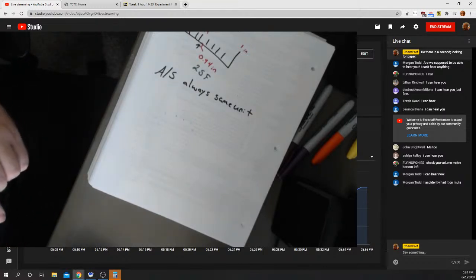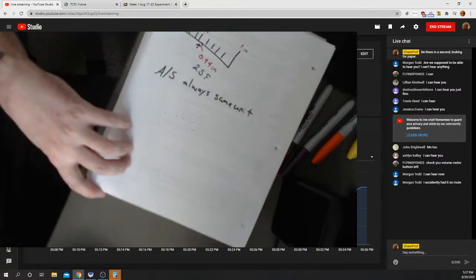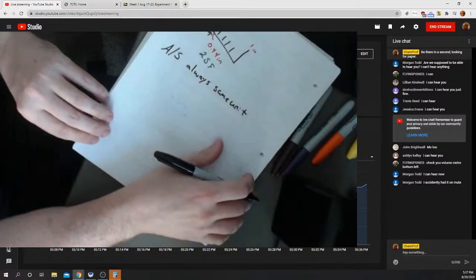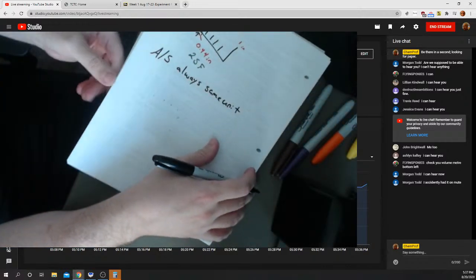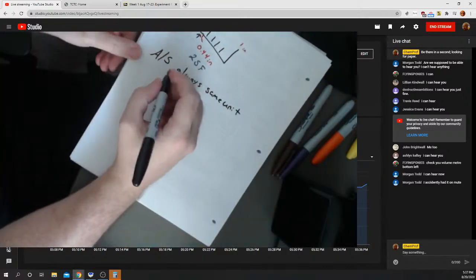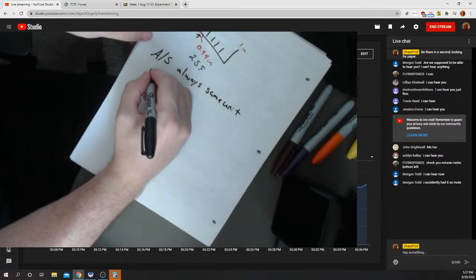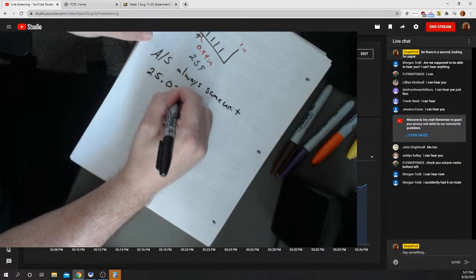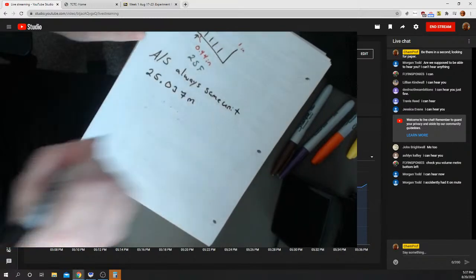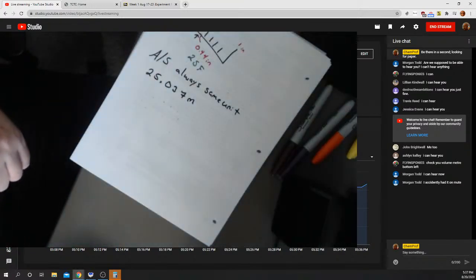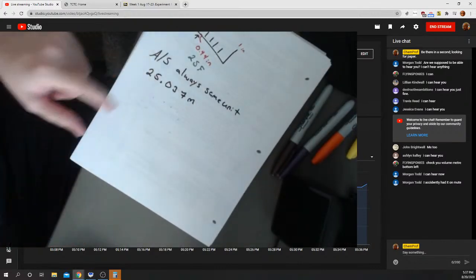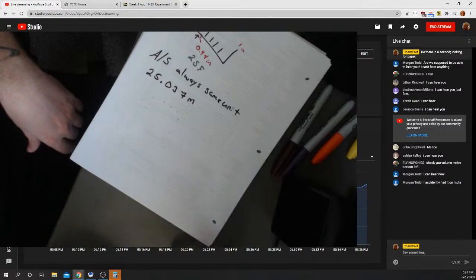So let's say you take a couple of different length measurements. I measure the length of my driveway using a meter stick, and I find that my driveway is 25.037 meters long. My meter stick goes down to the centimeter, and then I estimate in between the centimeter lines. Huzzah. Okay.